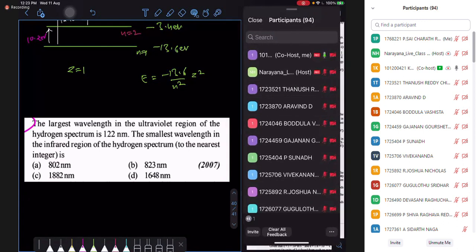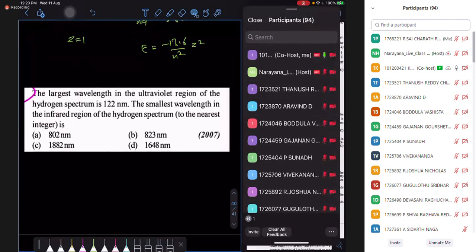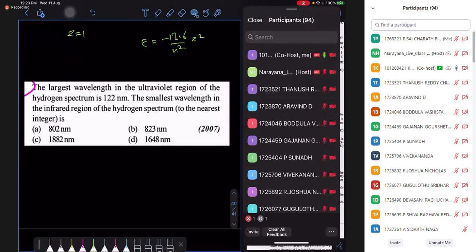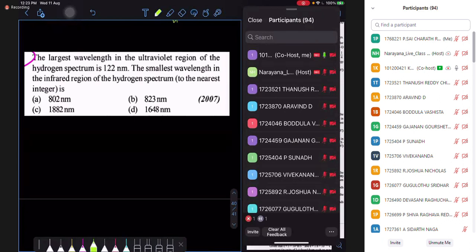Actually, related to this question, there is some data you need to remember. There are five series: Lyman series, Balmer series, Paschen, Pfund and Brackett series. These five series have different ranges.